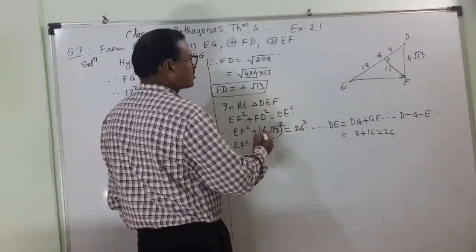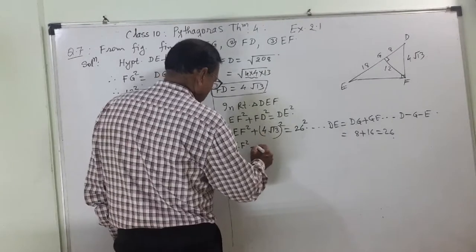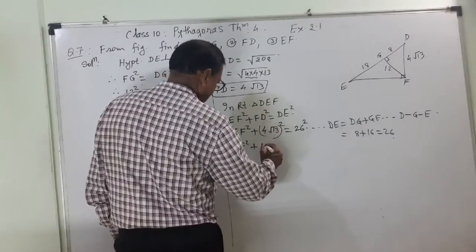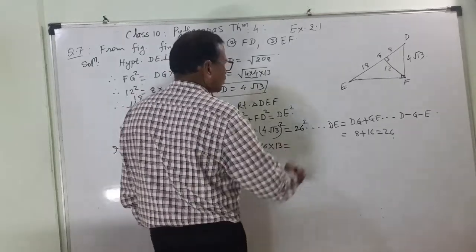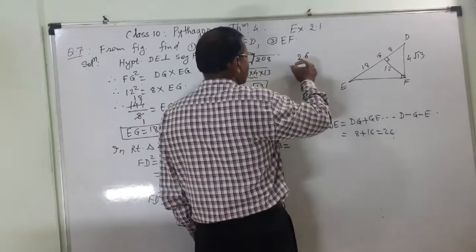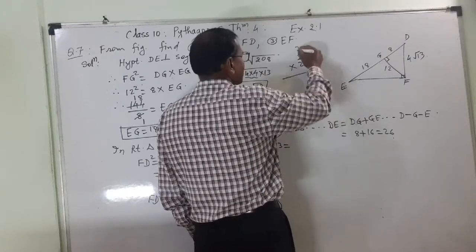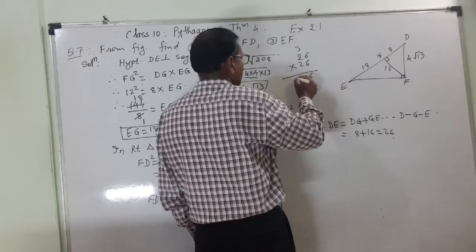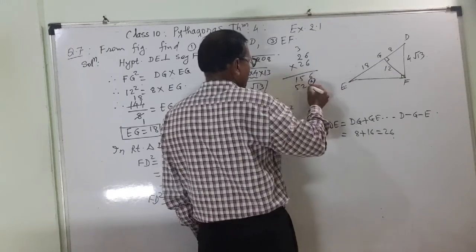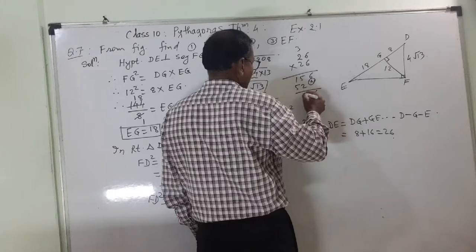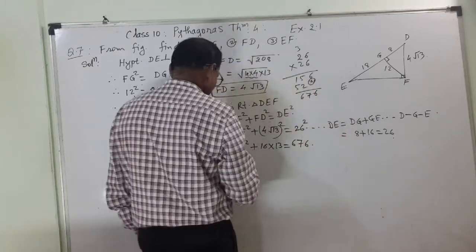Therefore, EF square is equal to. First of all we will solve this and then we will go for EF. 4 square is 16 into root 13 square is 13, is equal to 26 into 26, 26 square, 6 sixes are 36, carry 3, 6 twos are 12, 12 plus 3 15, 2 twos are 4 and 2 sixes are 12, so it is 676.